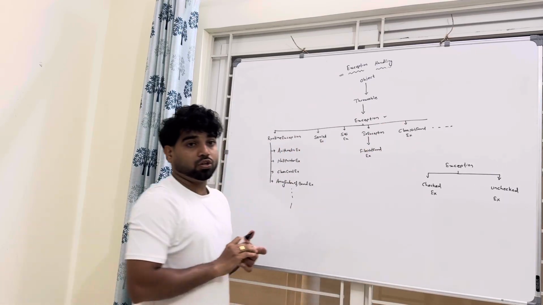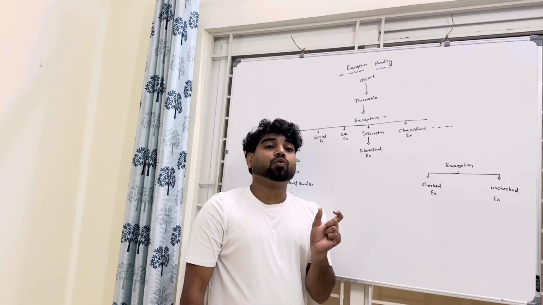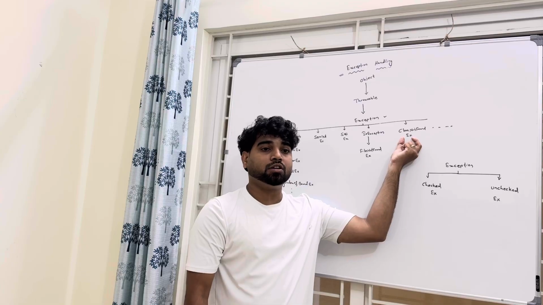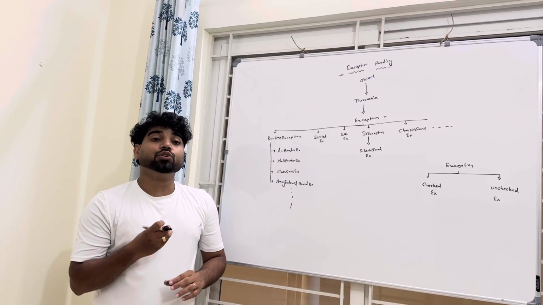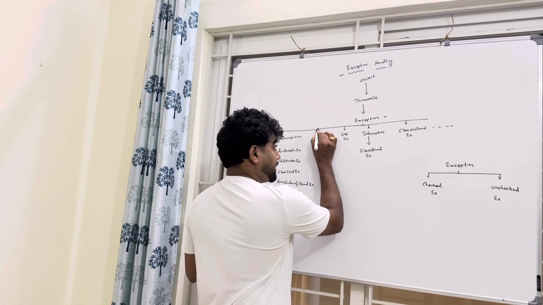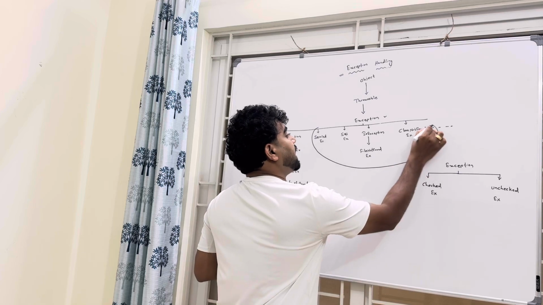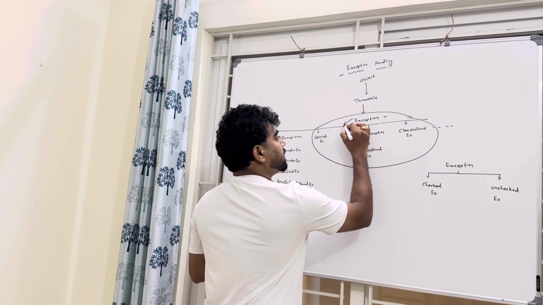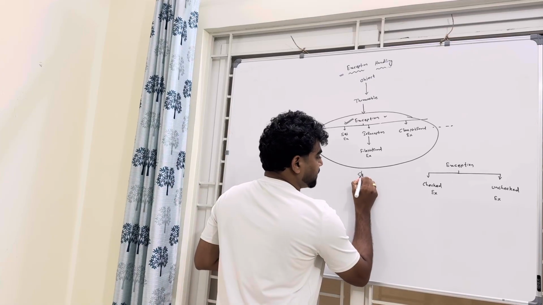First, let's understand how to identify whether an exception class is a checked exception or an unchecked exception. All the exception classes that are direct child classes of the Exception class are your checked exceptions.